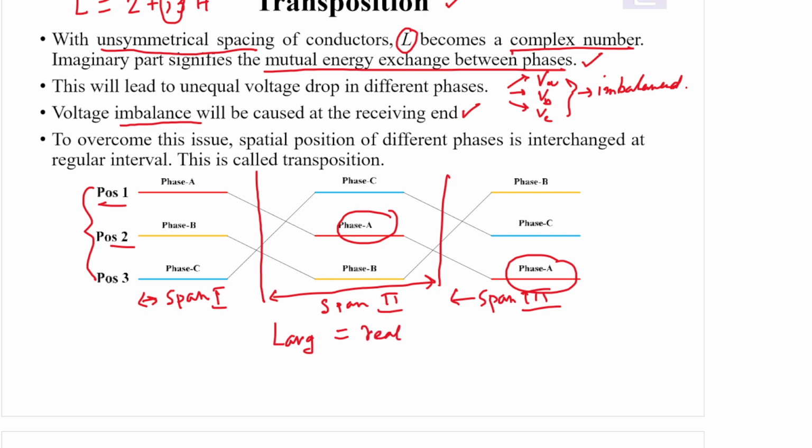The mutual energy exchanges counterbalance each other in nature. So if we change the places, the net energy exchange between the conductors is 0. So L average becomes a real number. This interchange of the spatial position of the different phases at regular intervals is called transposition of the conductors.